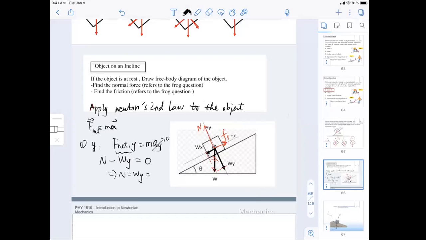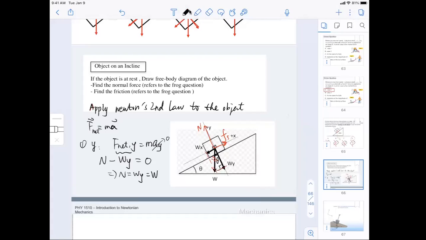Still remember if Wy is W times cosine theta or sine theta? Still remember that? The ramp has angle theta. Looking at the geometry, we know that the angle between W and Wy is theta. This is 90 degrees.